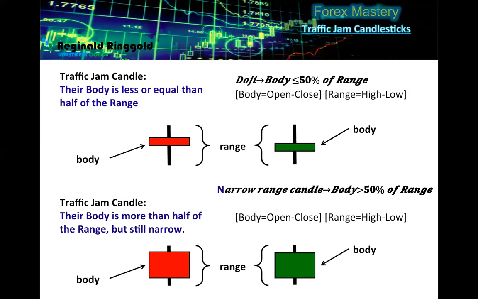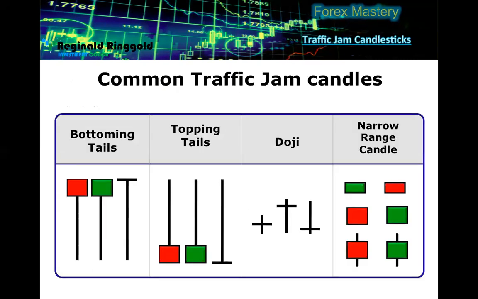These traffic jam candles are wonderful when price comes in the street to meet again in the street, and they stay narrow. And then it leaves the street with an explosive move, okay? But I don't want them to form in the open road. Here are your common traffic jam candles. I'm not going to talk about how we trade them and where we like to see them, but I will show you where we don't like to see them today, okay?